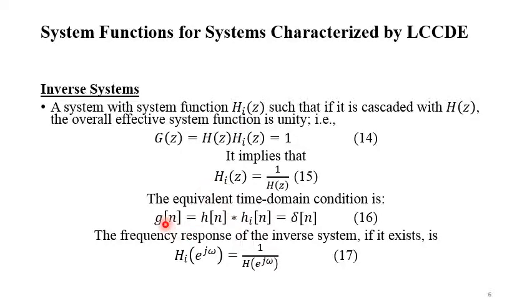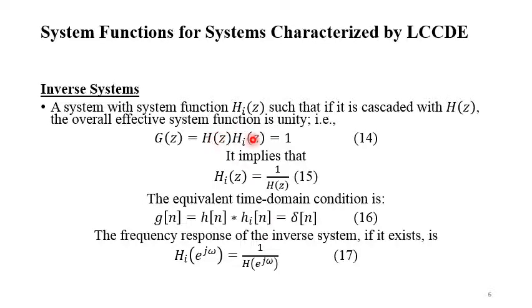So let us represent this system in Z domain. H of Z is the Z transform of h of n, and similarly H_inv of Z is the Z transform of h_inv of n. Because in time domain they are convolved, in the Z domain they will be multiplied.